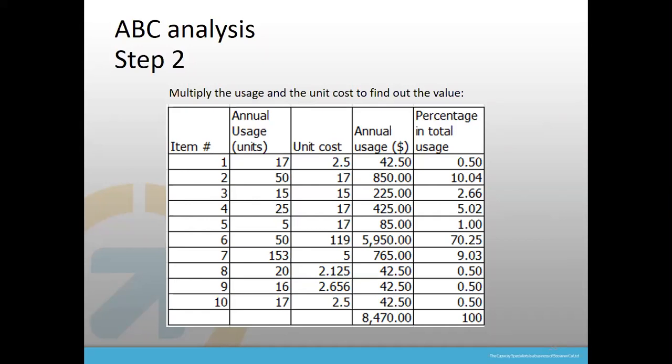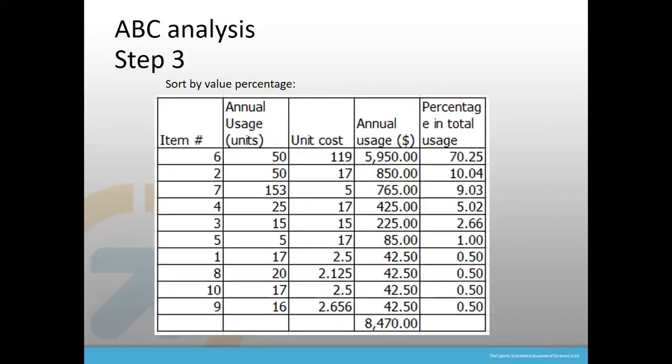Then we have item number 6. This is interesting, 70.25%. Wow. And item number 7, 9.03%. And then 8, 9, 10, 0.5% each. Now we sort this, okay? Now we found out each item has how many percent of our inventory value.